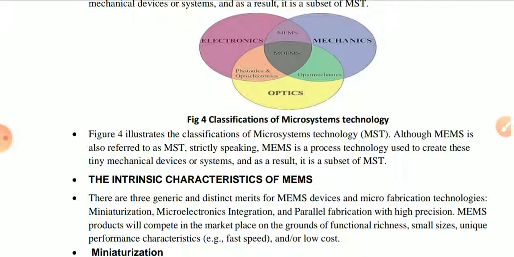A transducer is a device that transforms one form of energy into another form of energy, but sometimes a transducer behaves like a sensor. An actuator is a device that converts an electrical signal into an action. So on the basis of MEMS technology you can divide into sensor, transducer and actuators.